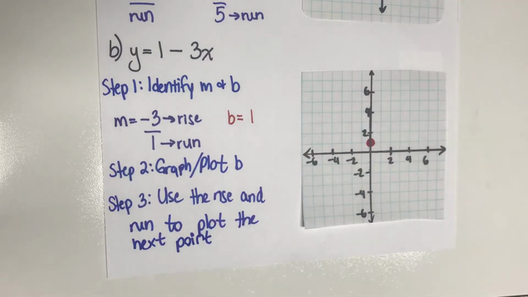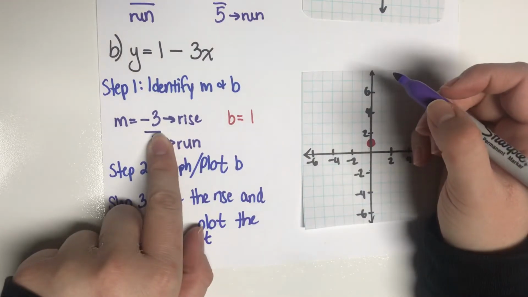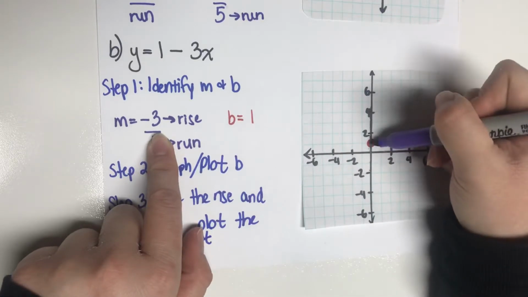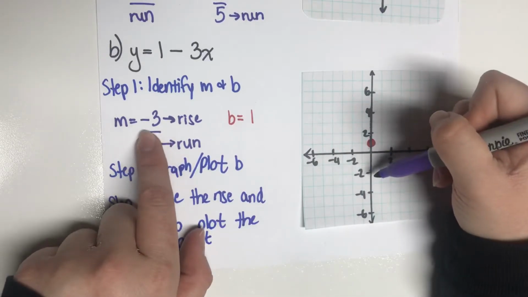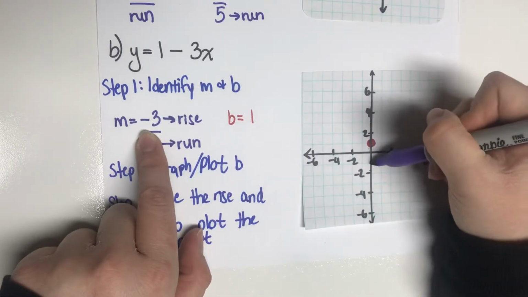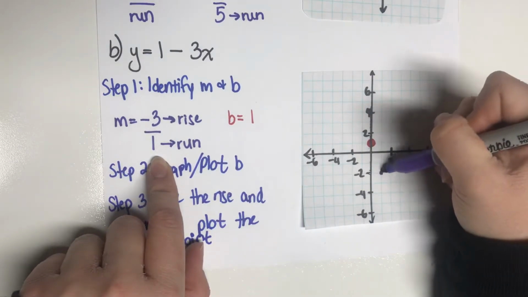So my rise is -3. So that means instead of rising up, I'm actually going to go down. The negative makes it opposite. So instead of going up, I'm going to go down. 1, 2, 3. My run is 1. It's positive, so that's going to be to the right.